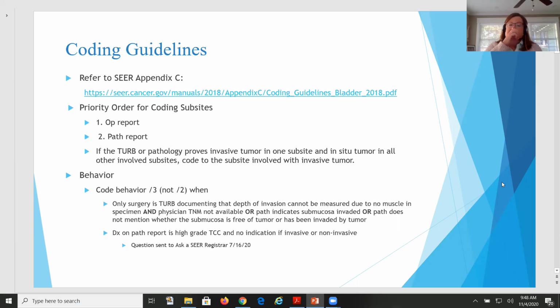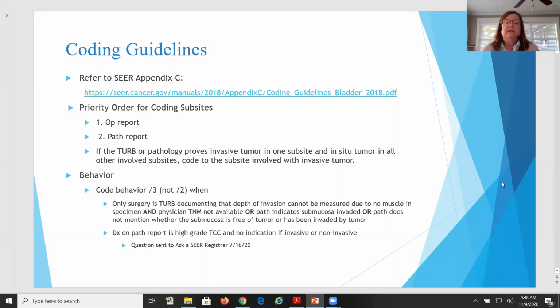The coding guidelines state: code behavior 3, not 2, when the only surgery is TURB, documenting that depth of invasion cannot be measured due to no muscle in the specimen, and the physician T&M is not available, or the path indicates submucosa is invaded, or the path does not mention whether the submucosa is free of tumor or has been invaded by tumor.